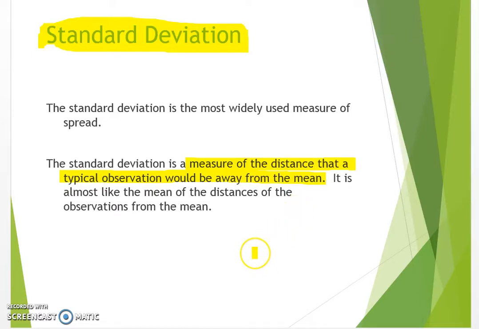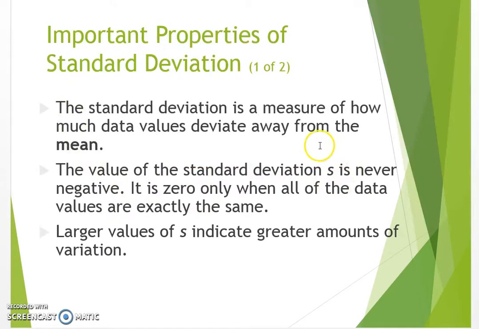It's kind of like the average distance of each observation from the mean. An important property is that we're comparing each data value and how far it goes away from the mean. What's the distance between the data value and the mean?